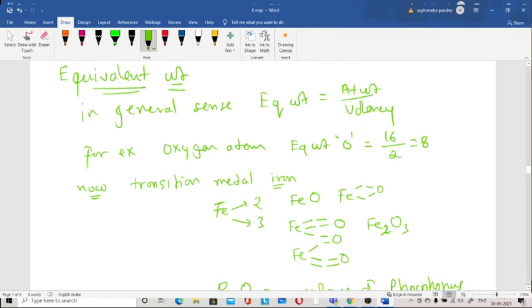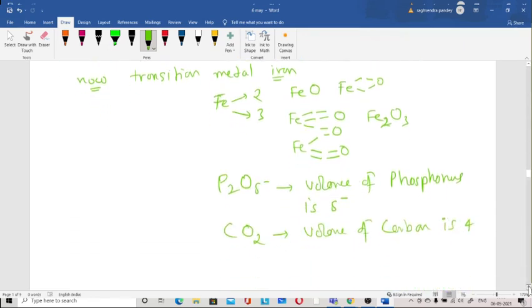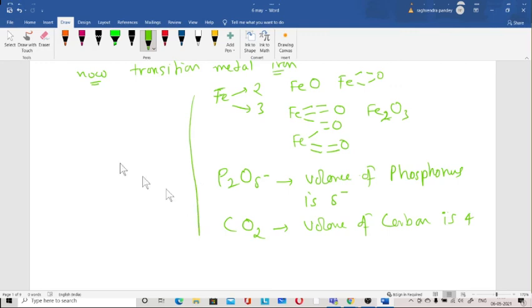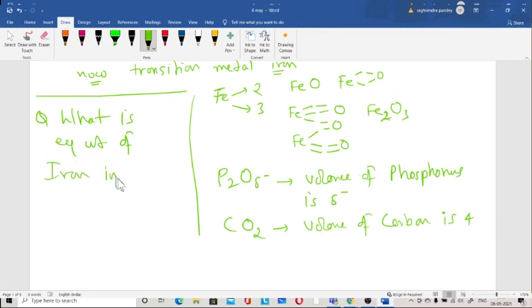Suppose they give you a very simple question: what is the equivalent weight of iron in Fe2O3? So in Fe2O3, iron has a valency of 3.